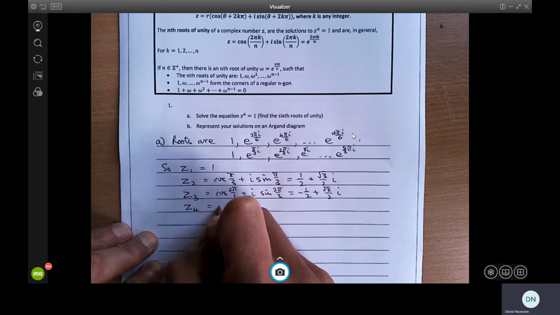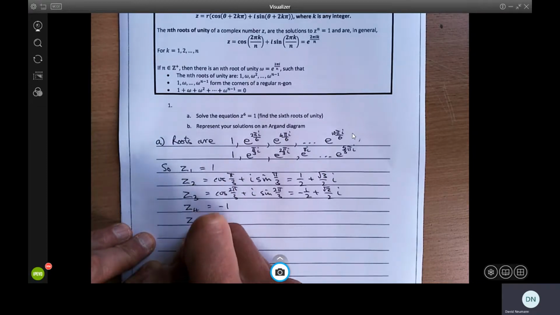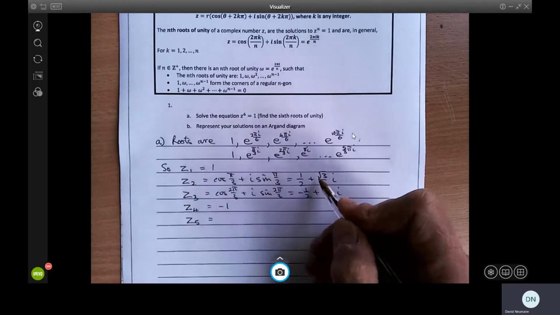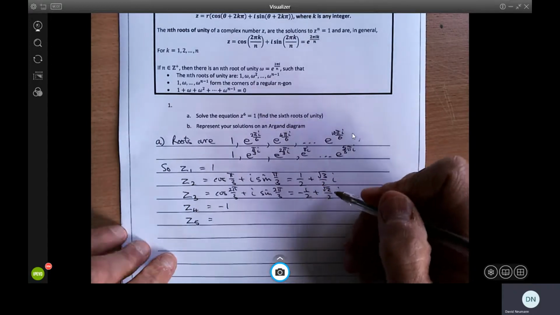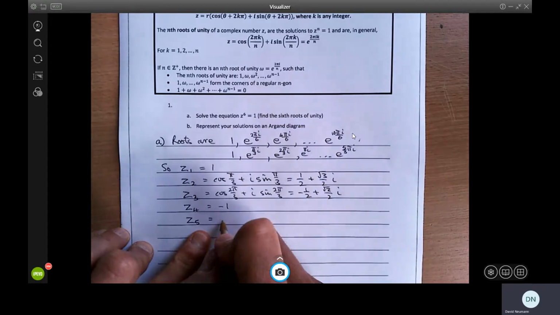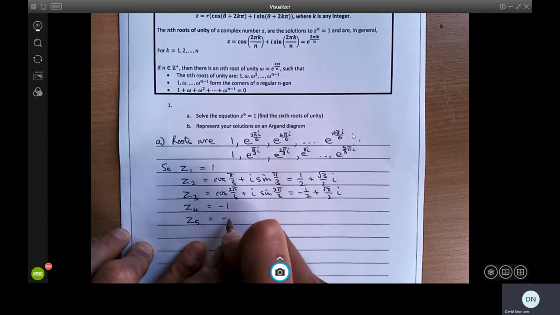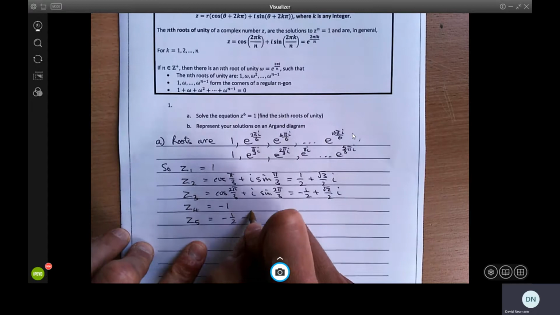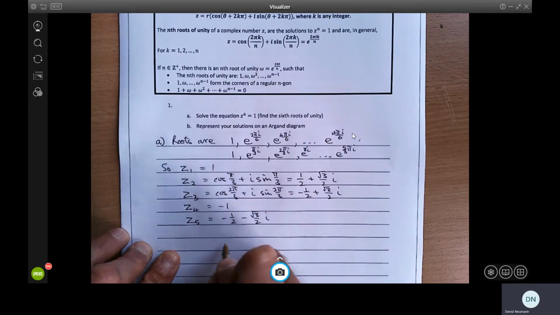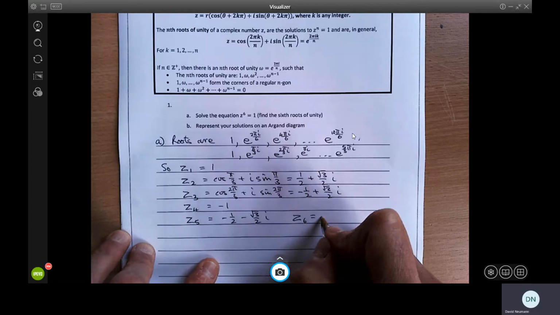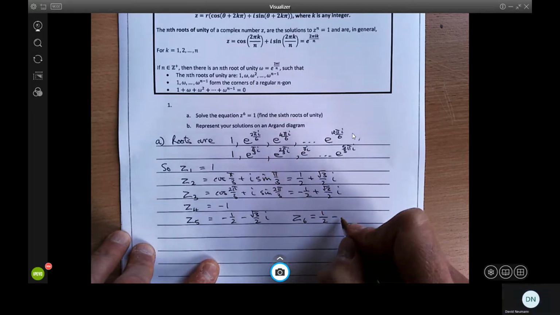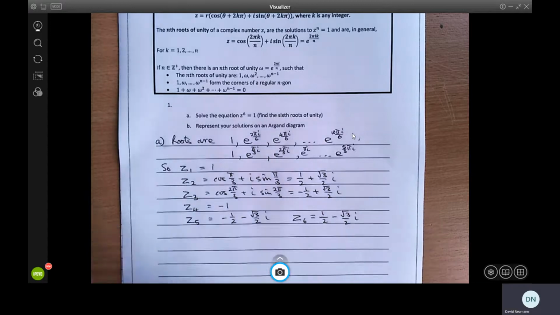Z4 is minus 1. Z5 is actually just the conjugate of this one, so that's minus a half minus root 3 over 2 i, and Z6 is a half minus root 3 over 2 i.